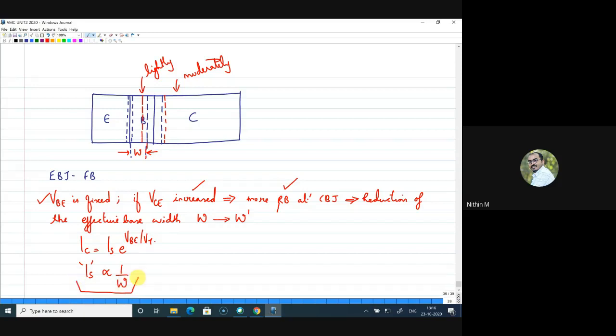So I'm taking this directly. So this reverse saturation current is inversely related to W. Now what happens if W reduces? If the effective base width reduces, the IS will shoot up, that will result in a proportionate increase in IC also.